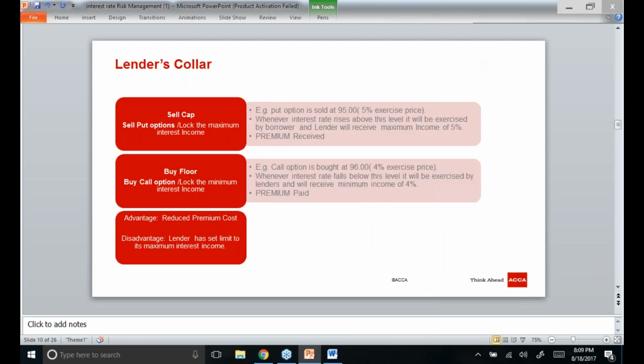Now spend just a few minutes on the lender collar and the lender collar steps.